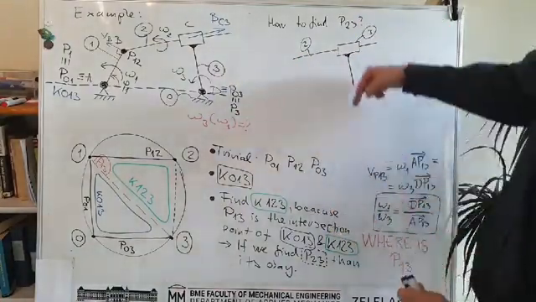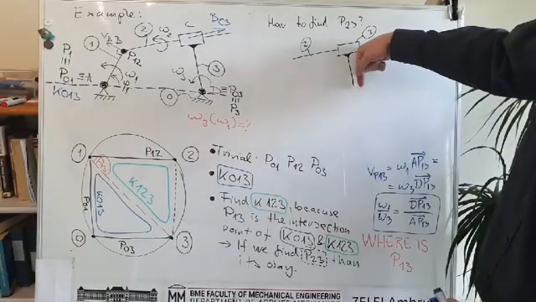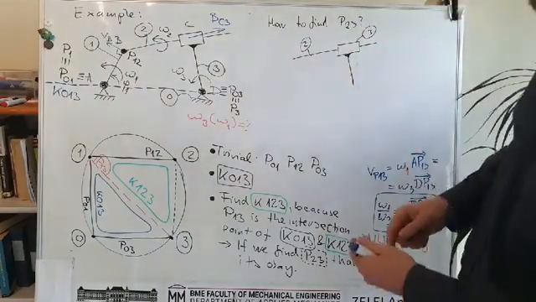It means that the relative instantaneous center of velocity should be somewhere in the infinity.